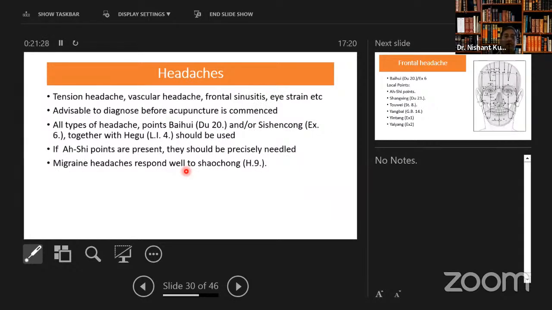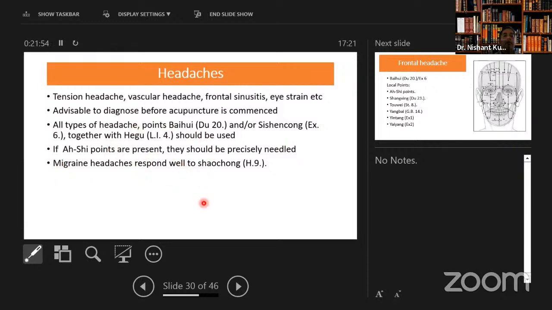Now comes another region that has been explored by acupuncturists, the headaches. So headaches may be tension headache, vascular headache, frontal sinusitis, and trigeminal neuralgia that have been studied and explored by acupuncturists. So DU20 has been found to be very useful in all types of headache as well as LI4.